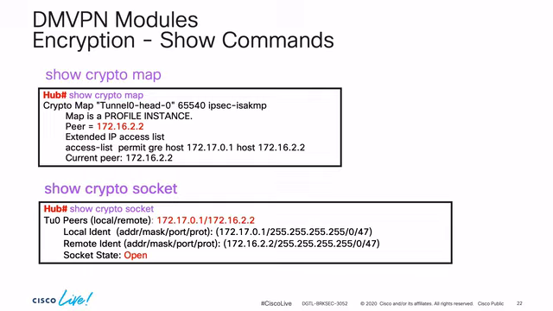When we look at show crypto socket, we get information about the tunnel endpoints, both between the hub and the spoke or between the two spokes. What is important in this output is that the socket state needs to be set to open. If the socket state is set to closed, IPsec does not get triggered.